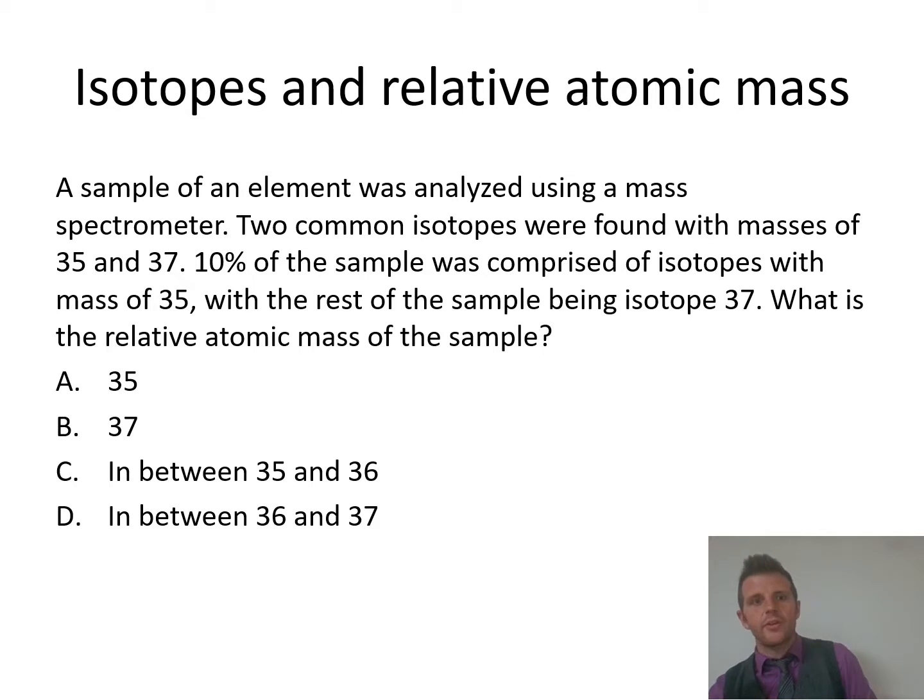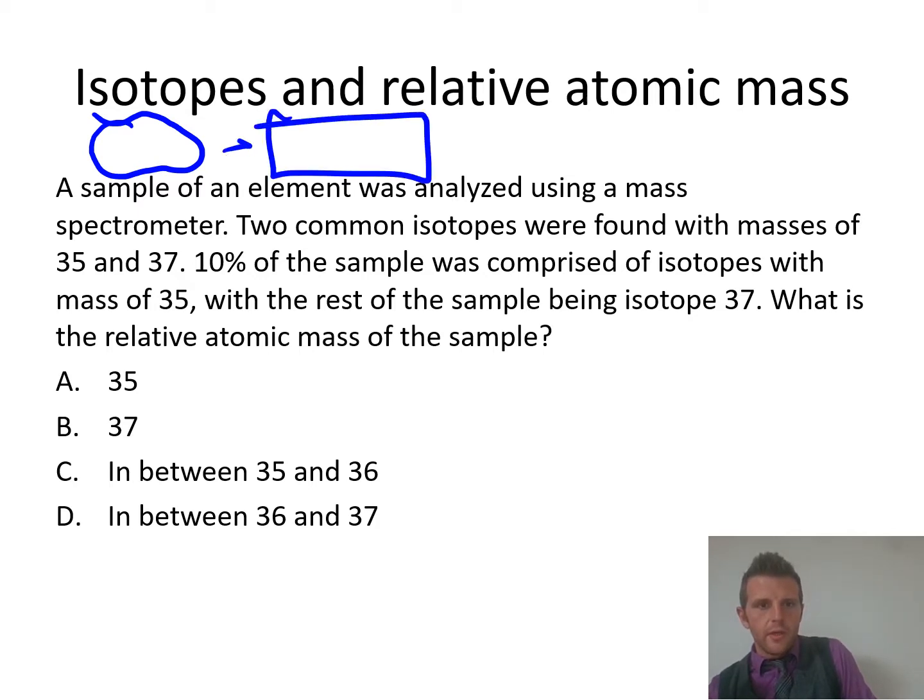So basically what you can imagine is they have a sample of an element, and they ran it through a mass spec, and from that they found out that 10% of the sample was comprised of isotopes with mass of 35, just a little bit, and 90% of it weighed 37.